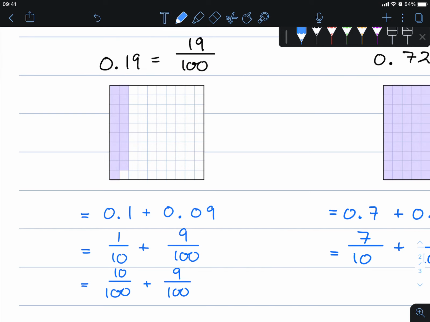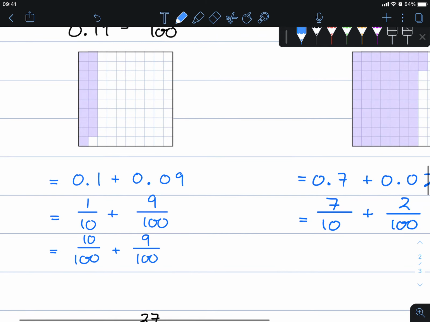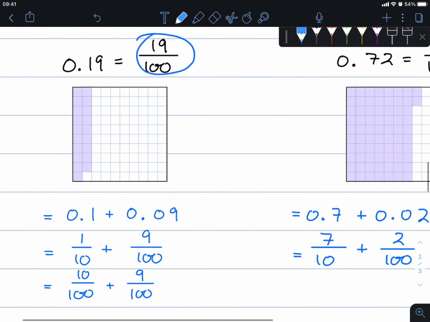But we could easily break this up into 0.1, like this, and 0.09. Using this, we get 1/10 plus 9/100ths, but 1/10 is the same as 10/100ths, and from this we can add this to become what we're looking for here.